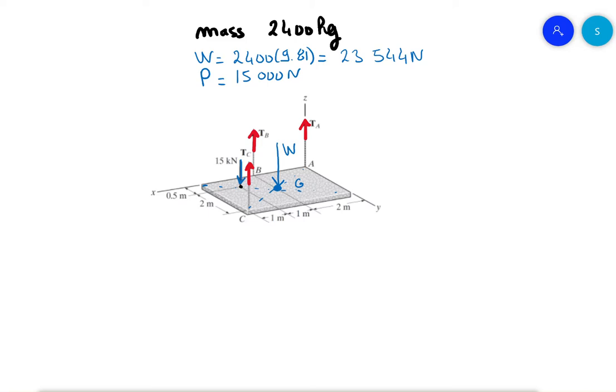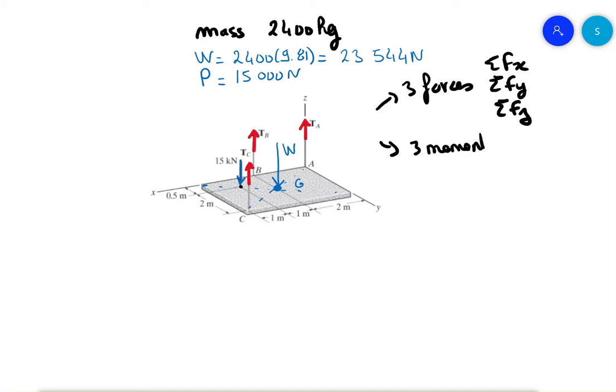So potentially we have three equations for the forces: force on X, force on Y, and force on Z, and three moments about the three axes. So the moment about X, the moment about Y, and the moment about Z.